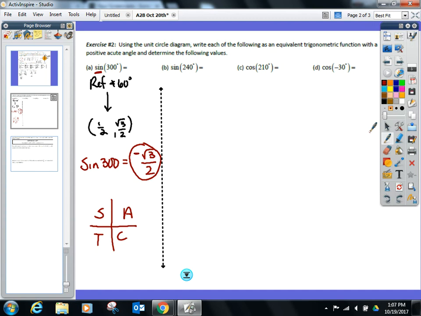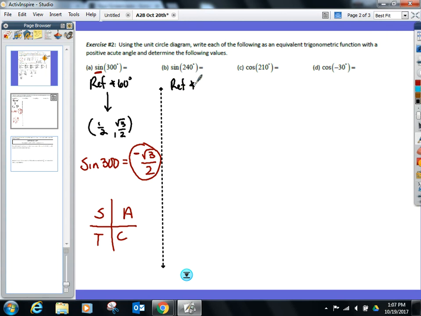So let's do sine of 240 degrees. I know my reference angle is 240 minus 180, which would be 60 degrees. Okay, 60 degrees, which again tells me I'm at 1/2, radical 3 over 2.